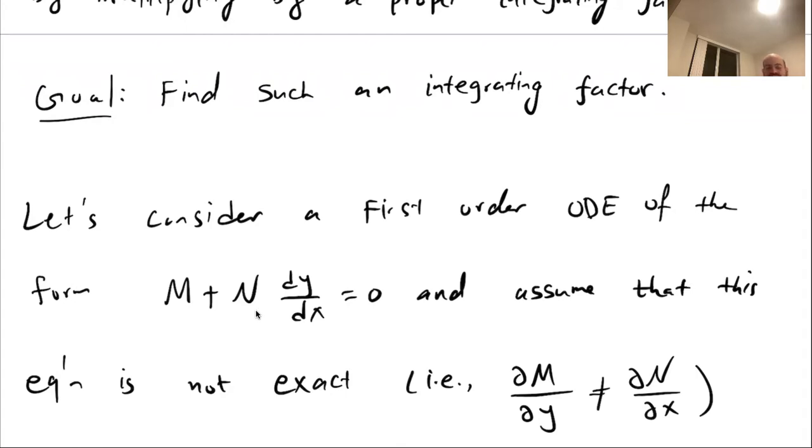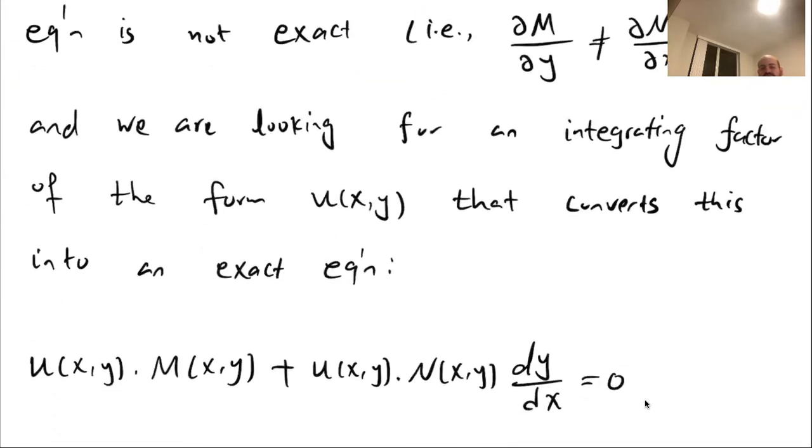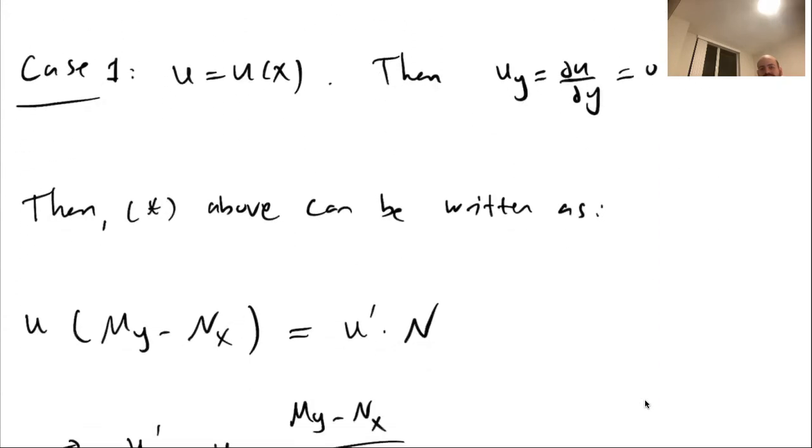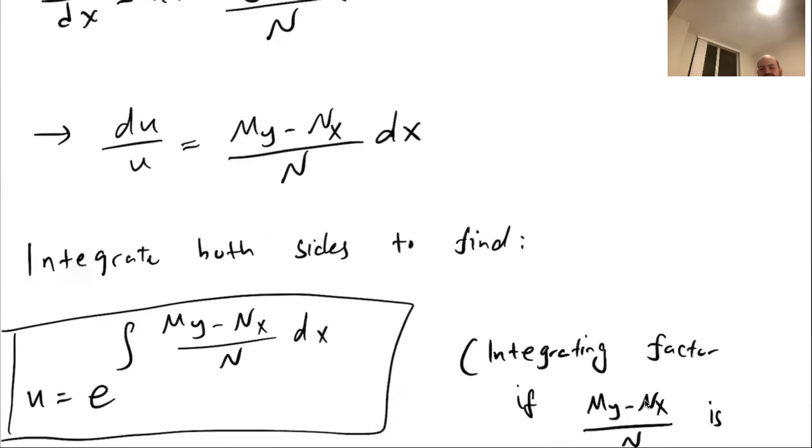But if it's not exact, meaning this partial derivative is not the same as this partial derivative, then you have to look at two expressions. First, look at this expression here.